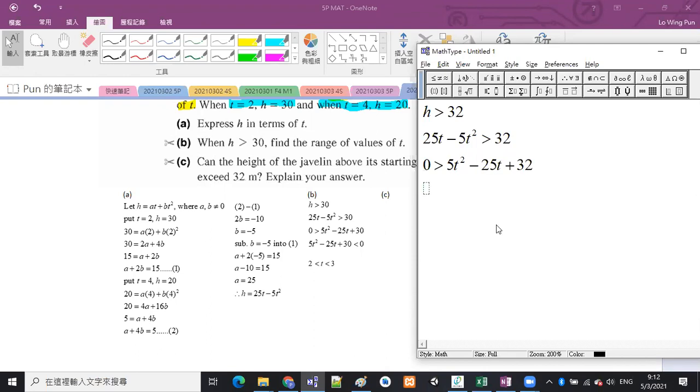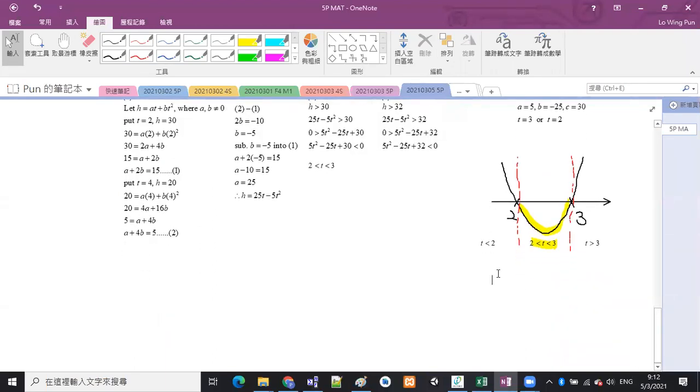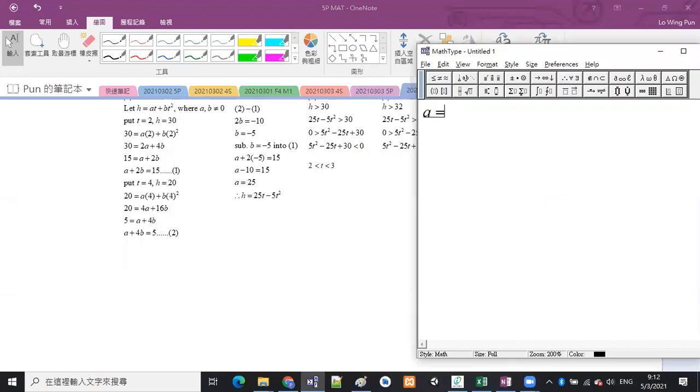And then I write the expression on the left. 5t squared minus 25t plus 32 should be less than 0. Okay? And then we go to the draft again. And this time, again, we use the formula 1 first. For the draft part, this time, the A should be equal to 5, and then B should be negative 25, but C is 32.